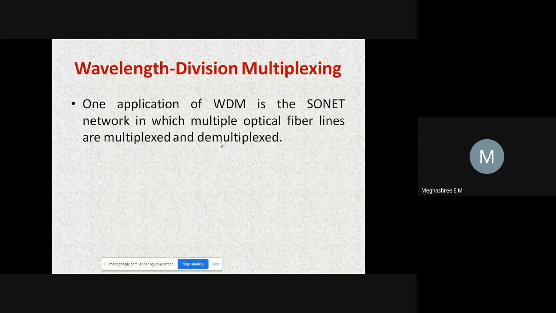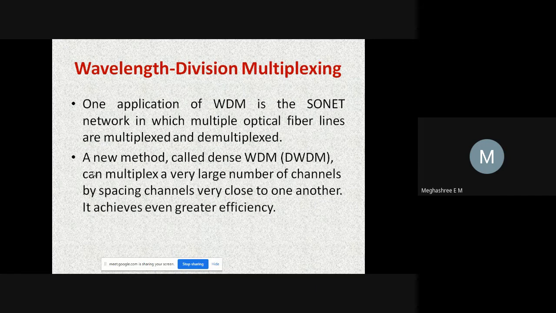Yes, SONET stands for synchronous optical network. In this network, this particular wavelength division multiplexing is used.